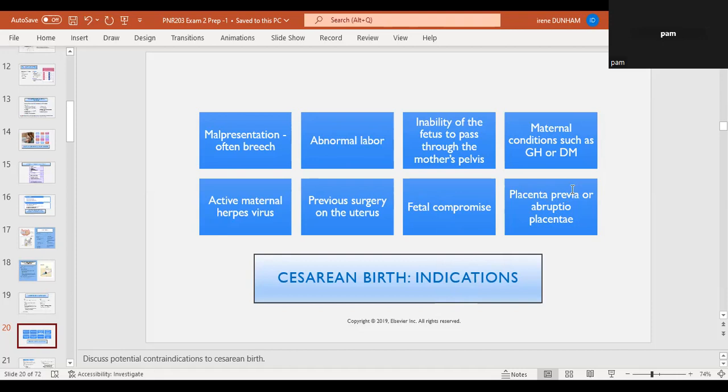Again, why? Placenta previa, she'll bleed to death. You can't labor her, because the placenta is covering the internal os. And then you've got abruptio placentae. That's an emergency, because the placenta is coming off the what? Endometrium.